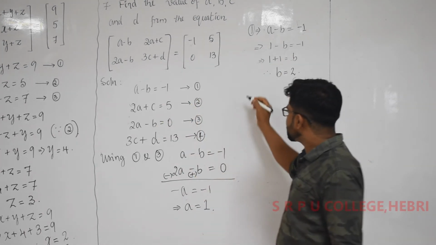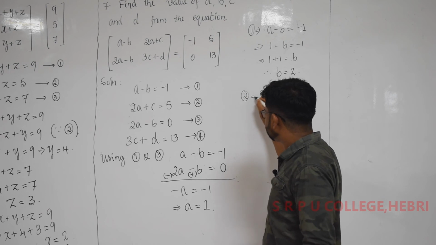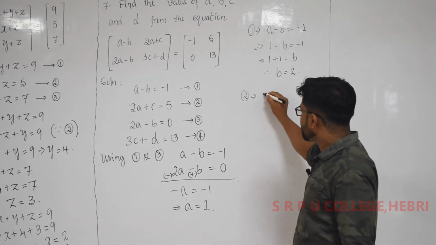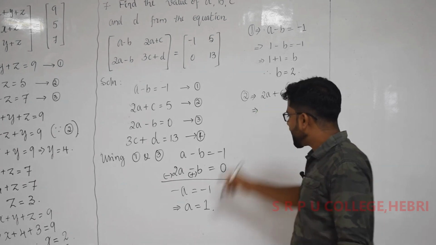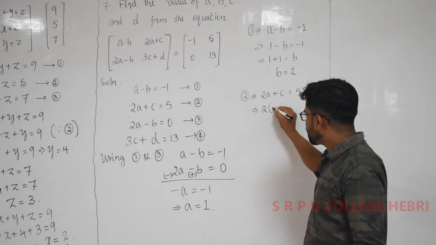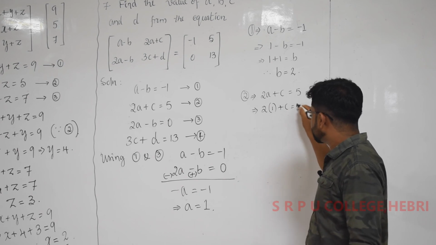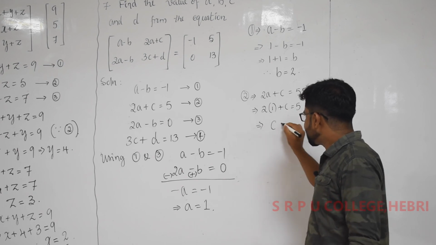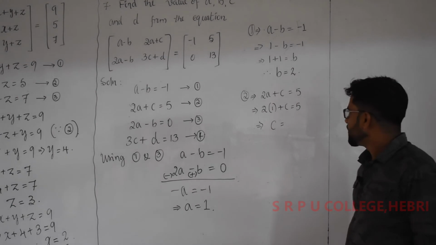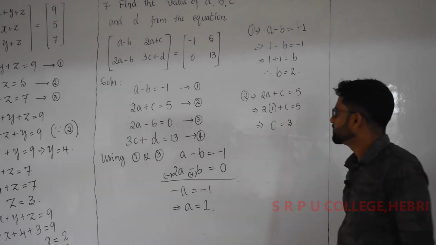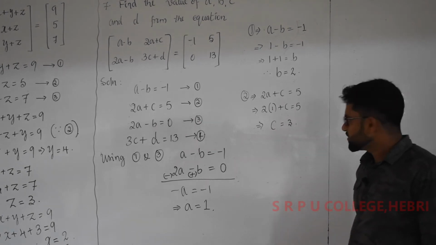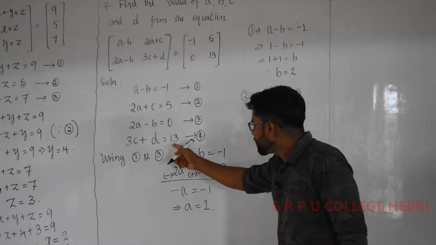Now use second equation, 2a plus c is equal to 5. A value we have already, substitute that a value, plus c is equal to 5. So this implies c is equal to, bringing to the other side, 5 minus 2, that is equal to 3. So c value we got, and last we need to find d value.